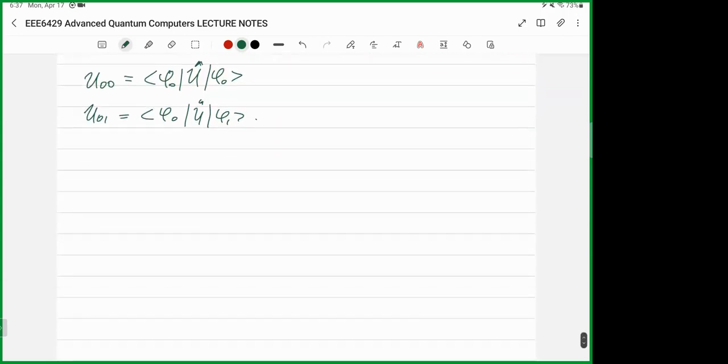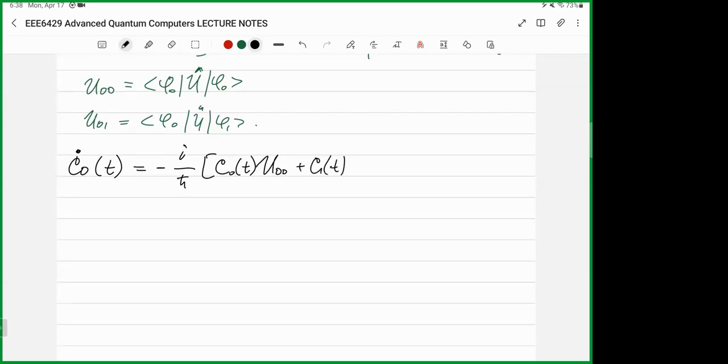So let's write down the result. For c sub 0 dot, the function of time, I will get minus i over h bar, and then c sub 0 of t times u00 plus c sub 1 of t times u01 times e to the power of minus i omega 01 t.